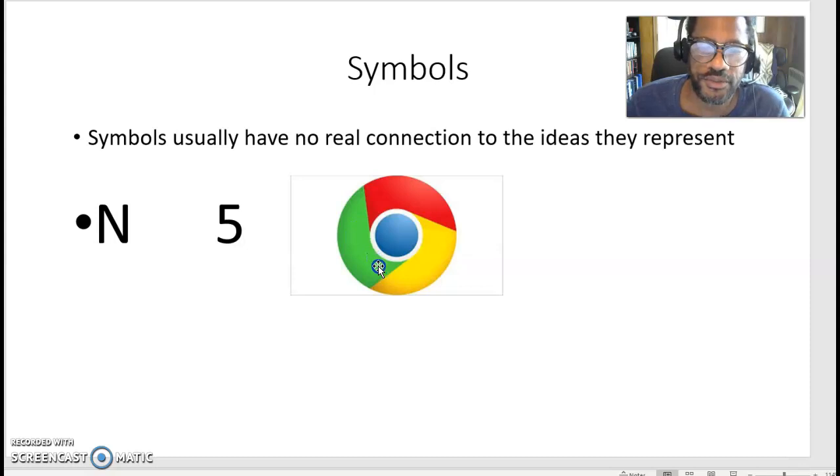And if you don't know Google Chrome, it's the web browser. Many of you, of course, use it. There's nothing about this that says we're talking about Google Chrome. They created it because they found that it was eye-catching. It was something that's easy for people to recognize. But there's no real relationship between those. And so that's an important thing to keep in mind about symbols.